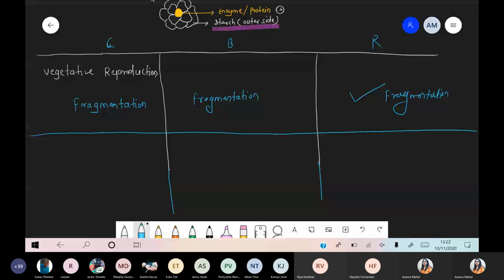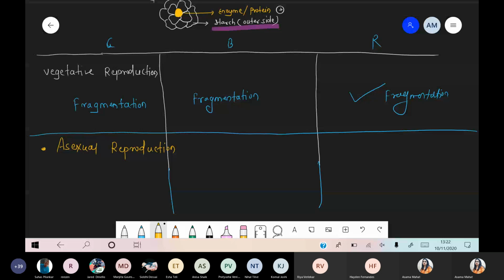Second part, we are talking about asexual reproduction, where a single parent is involved. Under asexual reproduction, first of all, there is a presence of zoospore.